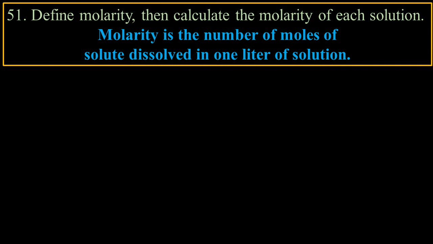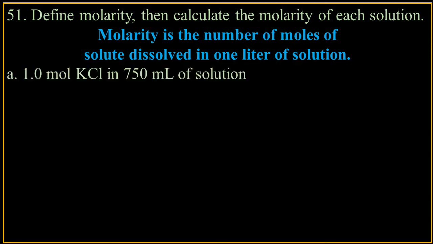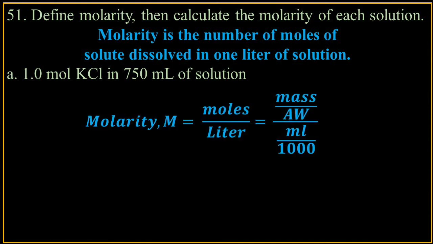Okie dokie. So, molarity is the number of moles of solute dissolved in 1 liter of solution. Now I want to calculate the molarity of each solution. Okay, 1 mole divided by 0.75 liters. You don't need the expanded equation, you can just use the first one, moles per liter, where the number of liters is 0.75.